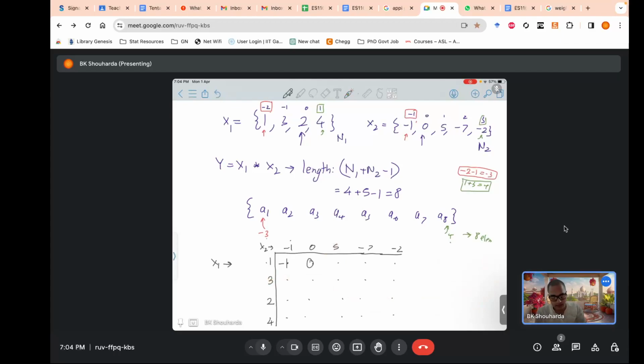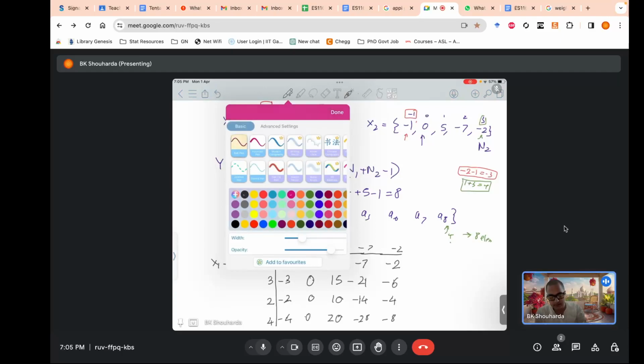The rows are: -1, 0, 5, -7, -2; then -3, 0, 15, -21, -6; then -2, 0, 10, -14, -4; then -4, 0, 20, -28, -8. Now we have completed this matrix.